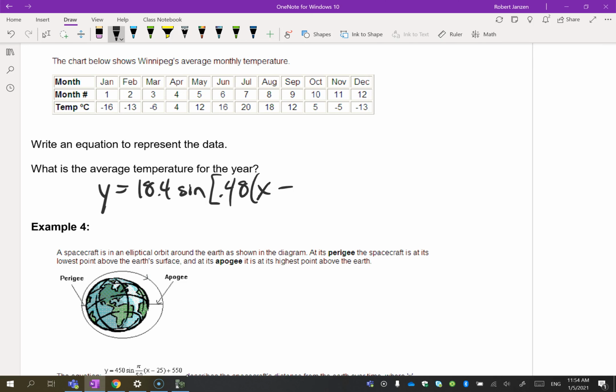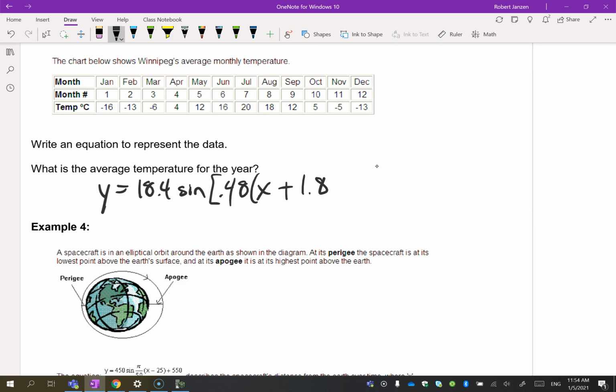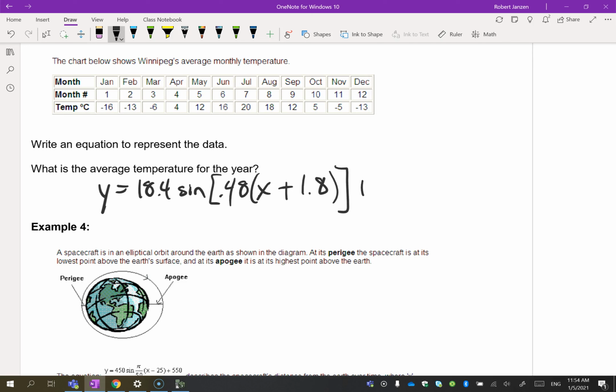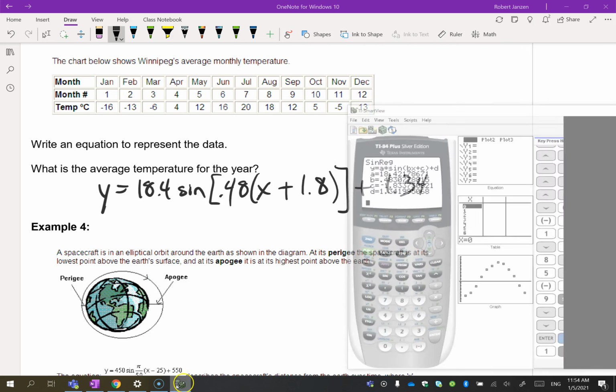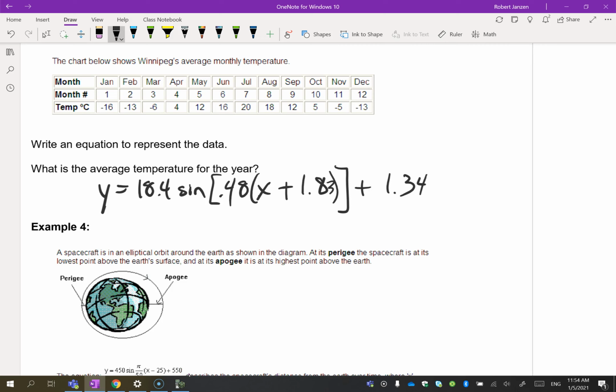Okay, x minus, now it's negative, so this is going to turn positive, 1.8. And then plus 1.3. I guess we should stay consistent and go to 2 decimal places. There. Okay, so that's the equation.